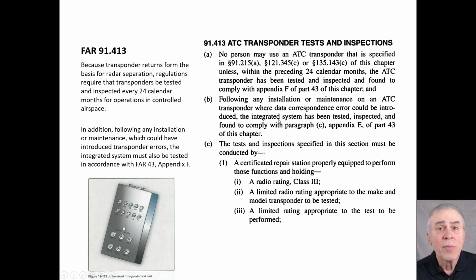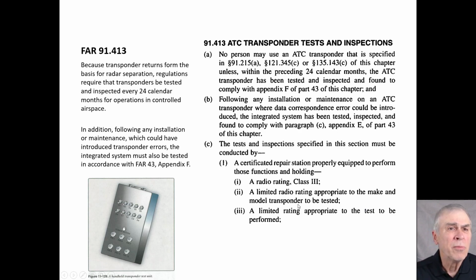All right, the test must be conducted by probably not an A&P. A certificated repair station, a Class C radio rating, which is higher than what our avionics section is going to include. A limited radio rating appropriate to the make and model transponder to be tested.